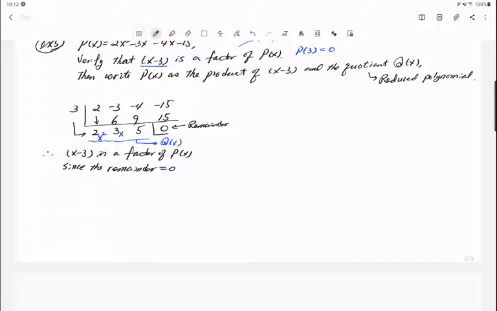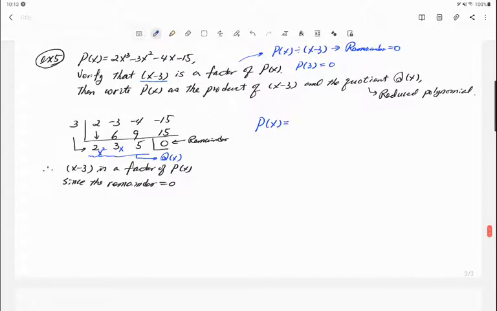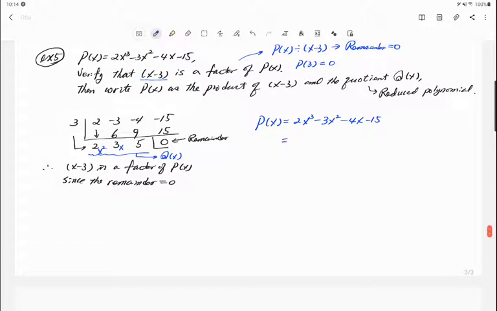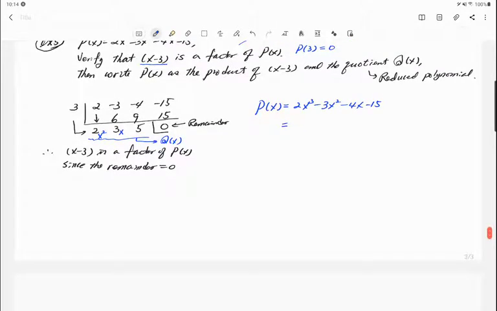The reduced polynomial. So p of x is 2x cubed minus 3x squared minus 4x minus 15. Once we factor this polynomial, one of the factors is x minus 3, because when we divide the polynomial by x minus 3, the remainder is 0.